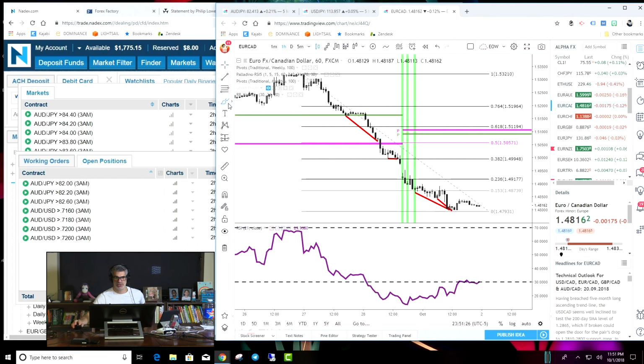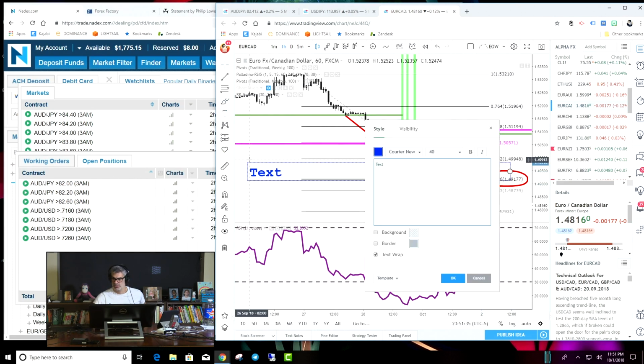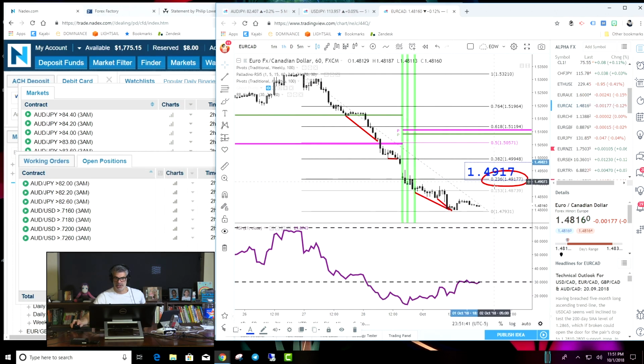I think it's reasonable to expect price to rise to 1.4917. But what we'd really like to see is price break through 48.73 first. And if we do break above 49.20, that puts 49.94 or 1.5 into play.